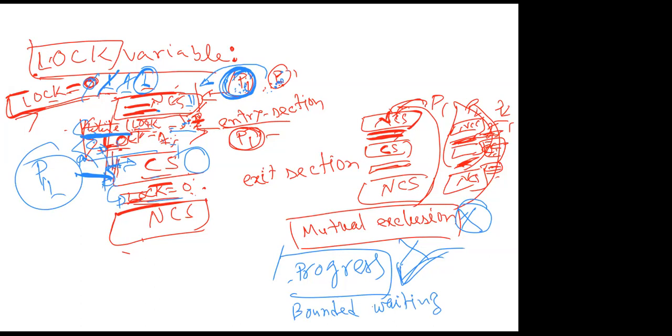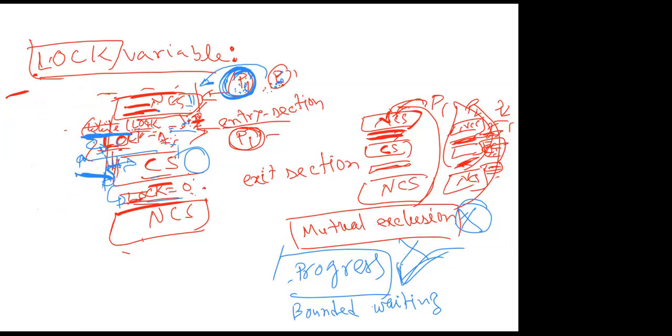To ensure bounded waiting, let's use another infinite while loop in our code segment. Then we can say whether the lock variable satisfies bounded waiting or not. Let me write these two lines of code again: while lock not equal 0, it will wait here, and next line it will make this lock equal 1.